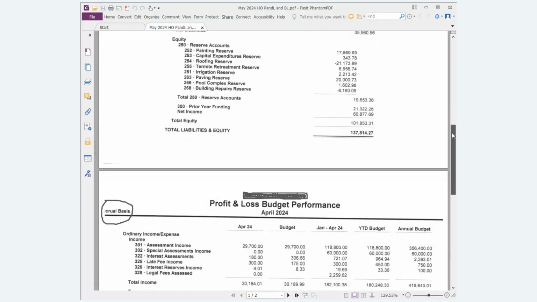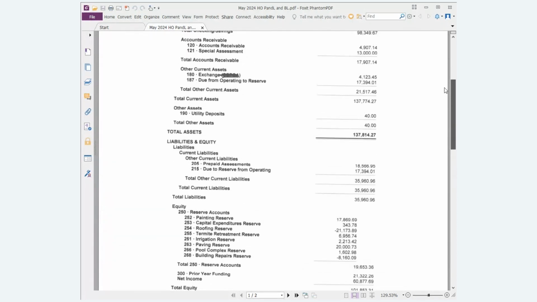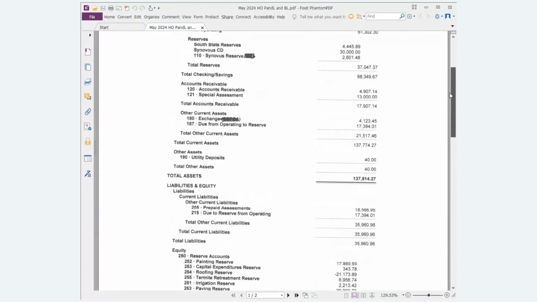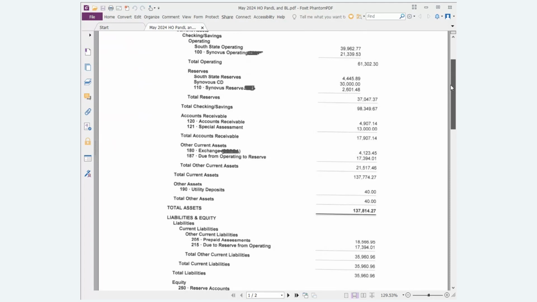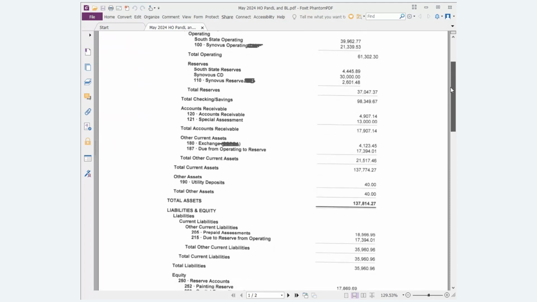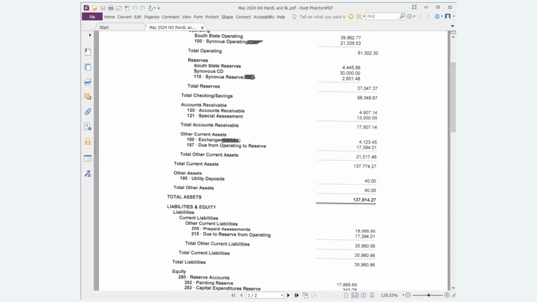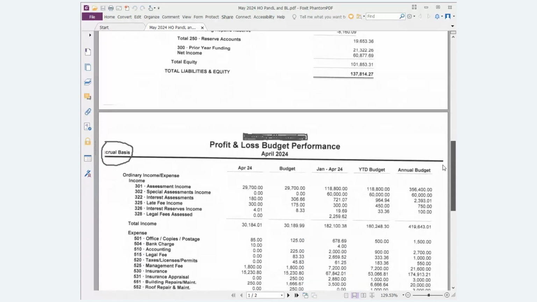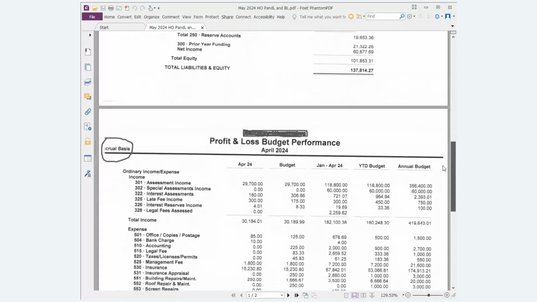Now, each of these items here on the balance sheet should have a supplemental report showing where they came from. So you would have some of them that I mentioned already, the reserve fund summary, which is almost like a P&L, but for the reserve account, showing what the beginning balance was, what came in, what was used, and what the current balance is.